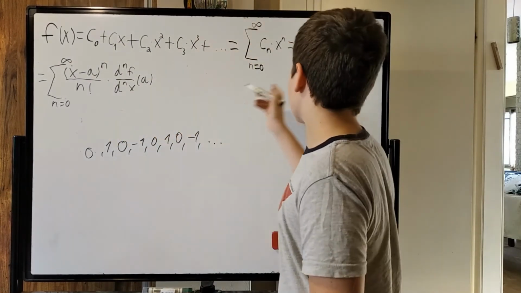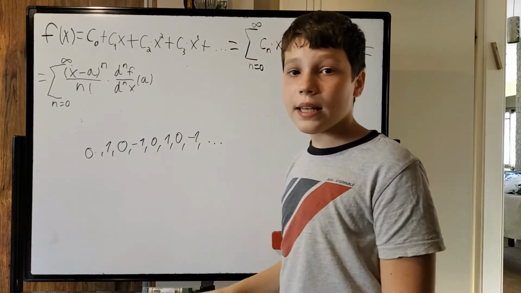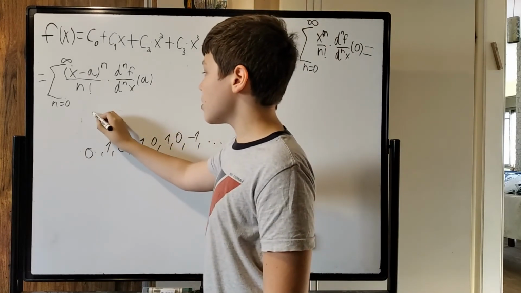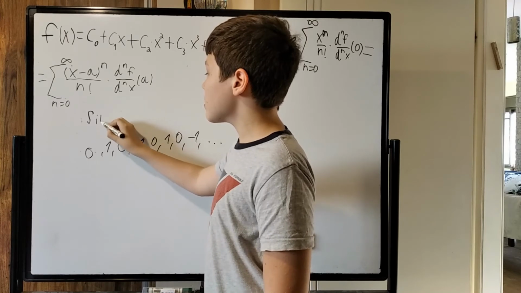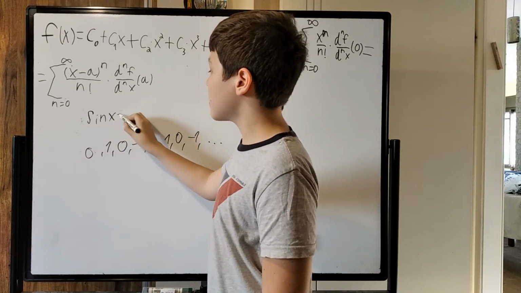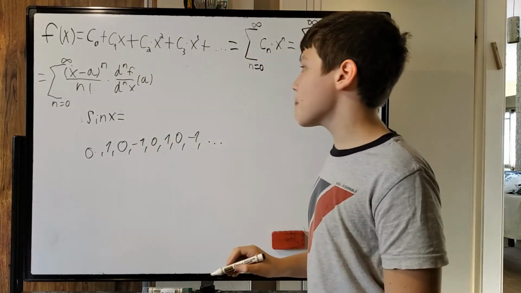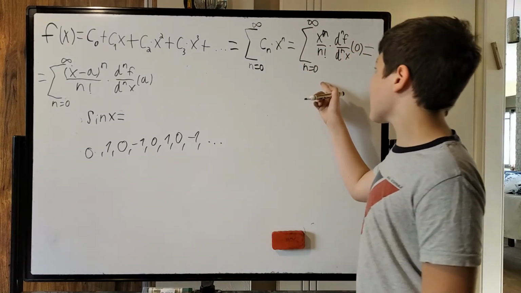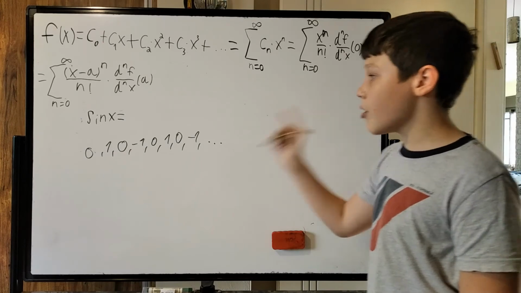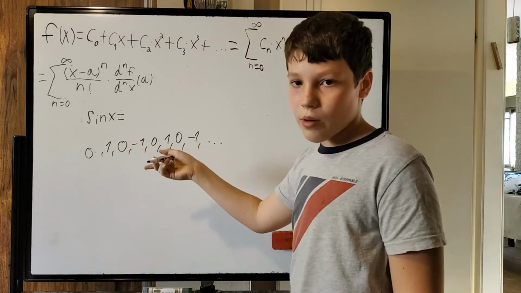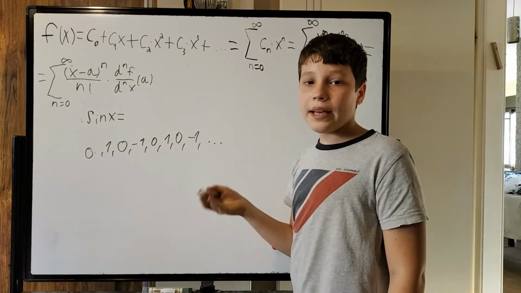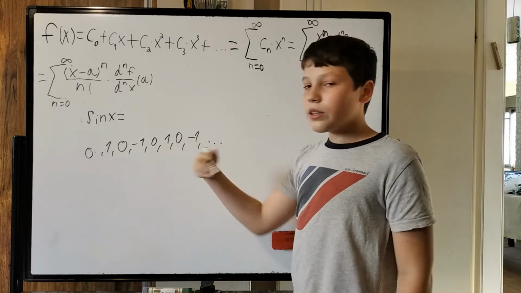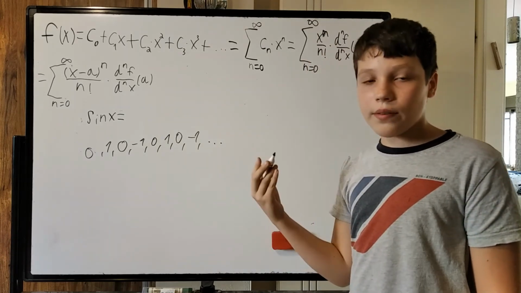Again, we'll use the more specific case where a is equal to 0. So, sine of x is equal to, when n equals 0, it's just going to be the function evaluated at 0, which is 0, so I won't write that down. And next, we have the derivatives evaluated.